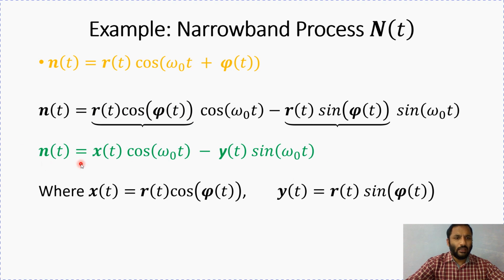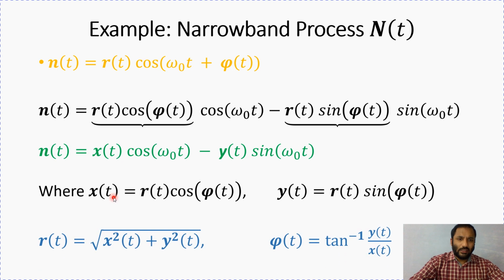That means n of t is equal to x of t times cosine omega naught t minus y of t times sine omega naught t, where n of t is one process and x of t is another process. As you can see, x of t consists of r of t as a process multiplied with another process, so this is a third kind of process which we call x of t. Similarly, r of t times sine of phi of t is another process which we call y of t.